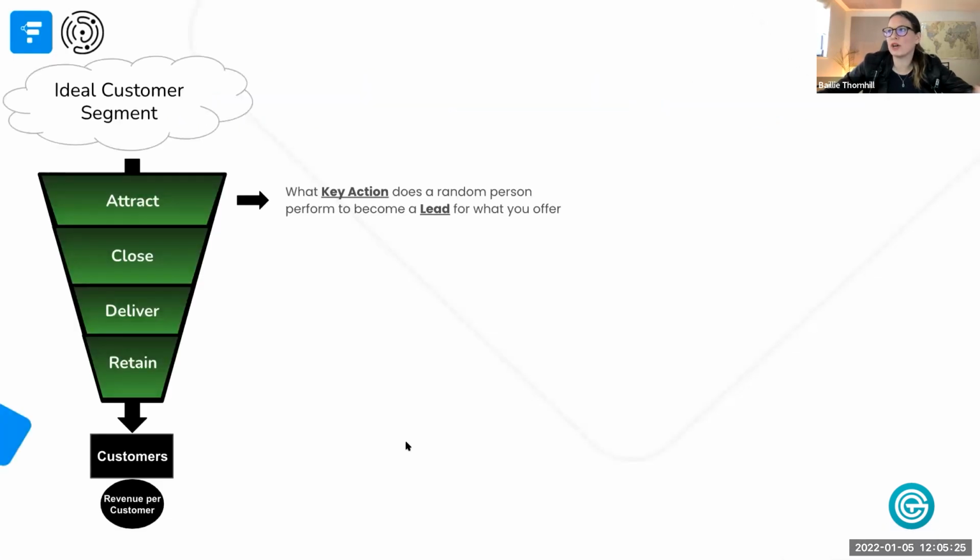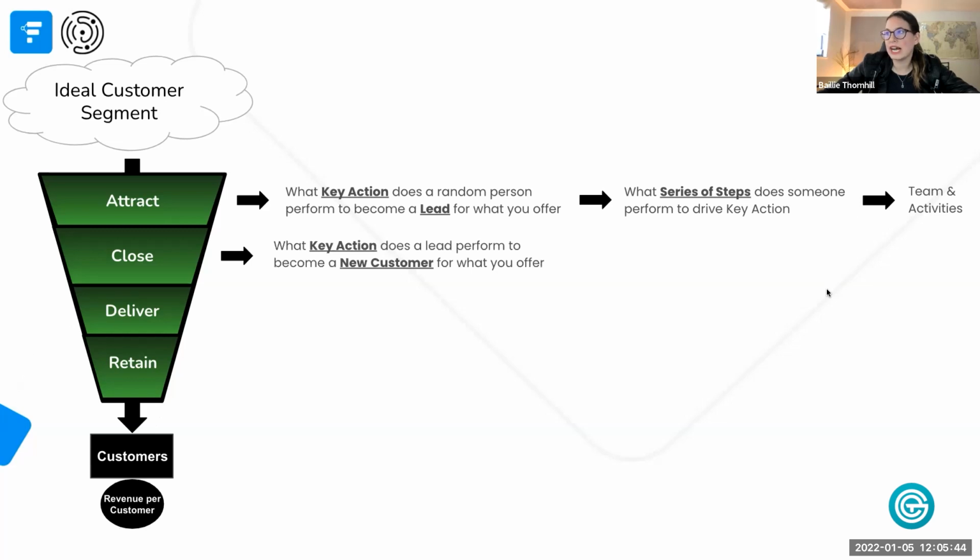So just to recap, what key actions does a random person perform to become a lead for what you offer? What are the series of steps that someone does to drive that key action? Who on your team and what do they need to do to fulfill on this? What key actions does a lead perform to become a new customer in your business for what you offer?